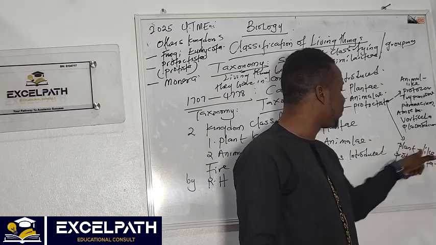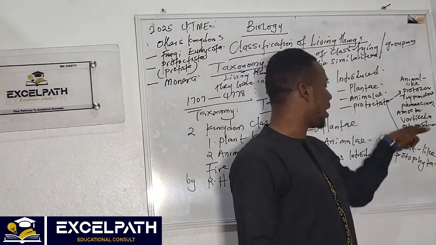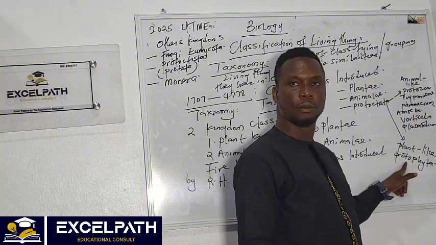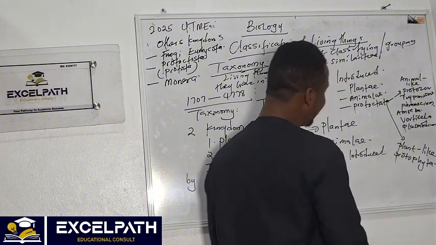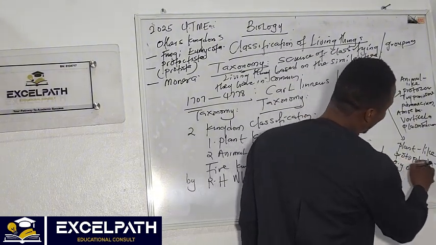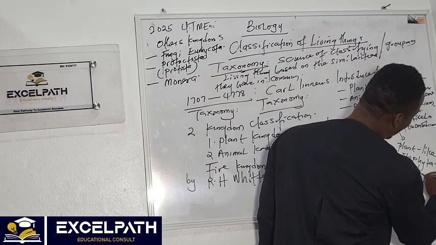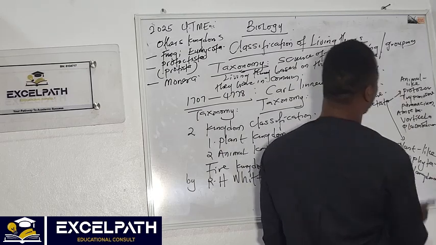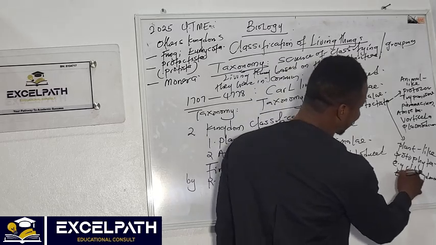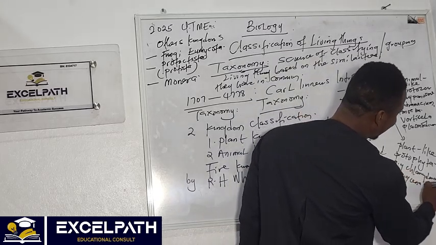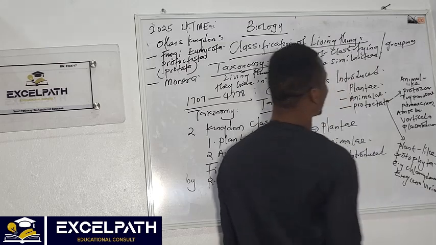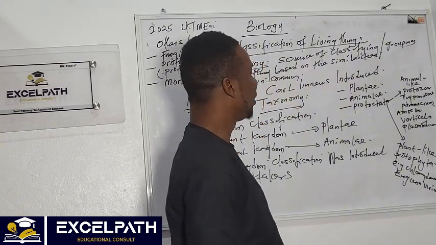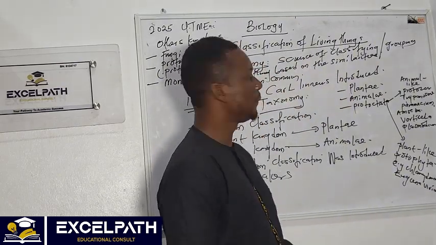The plant-like Protista are called protophyta. For example, Chlamydomonas, and even Euglena viridis, is an example of the protophyta.